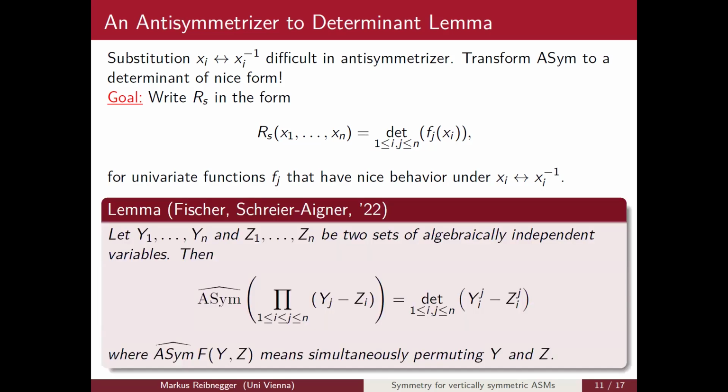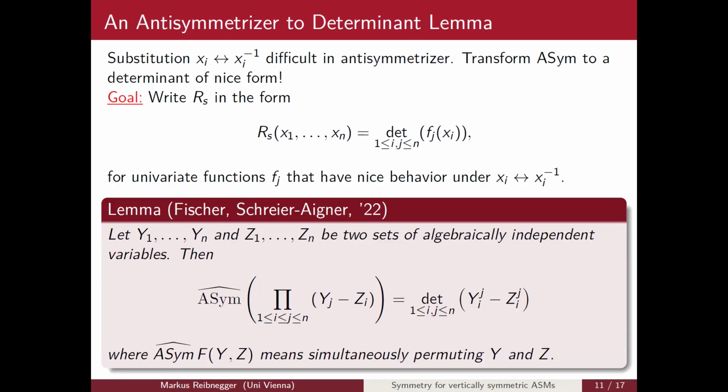And this hope is, of course, substantiated somewhat by the antisymmetrizer to determinant formula that we have seen in Ilse's talk in the morning. I write it in a slightly different form than she did, but it's the same statement. We take a product of this form, i less than or equal to j, some expression in j minus some expression in i, where these algebraically independent variables are just placeholders for, let's say, rational expressions in the variables.